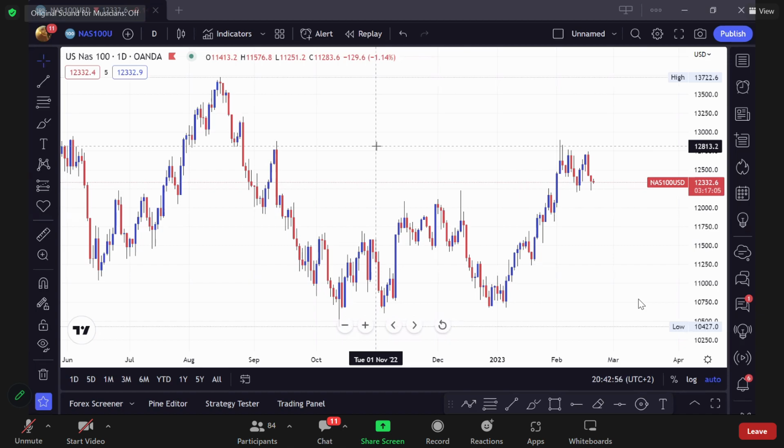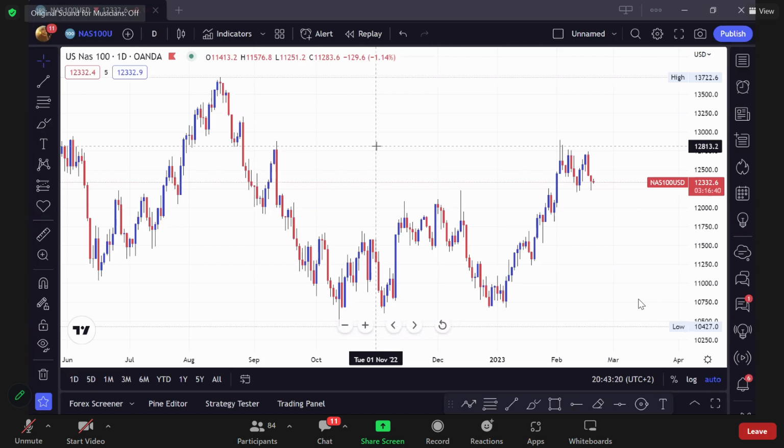I'm going to continue. In order to identify a break of structure, price needs to make a new lower low and a new lower high.